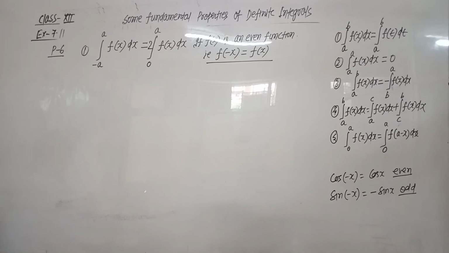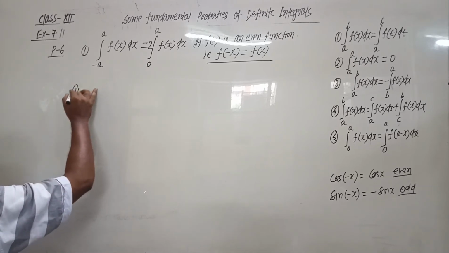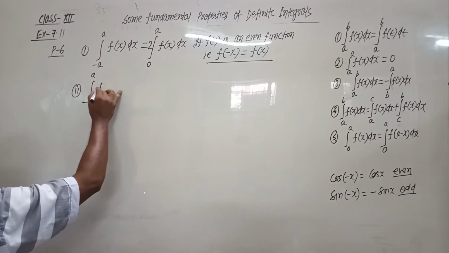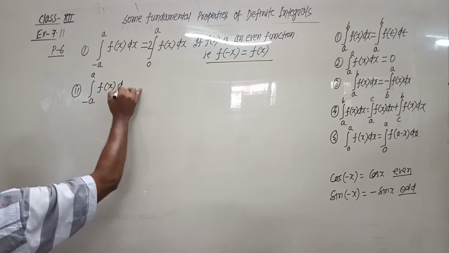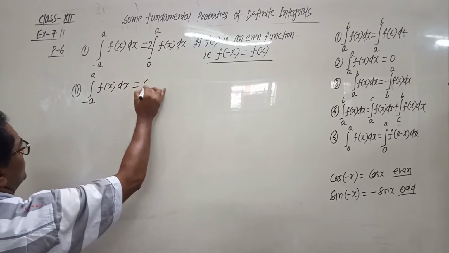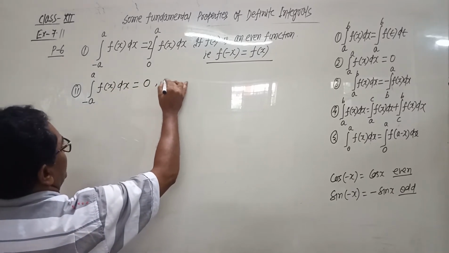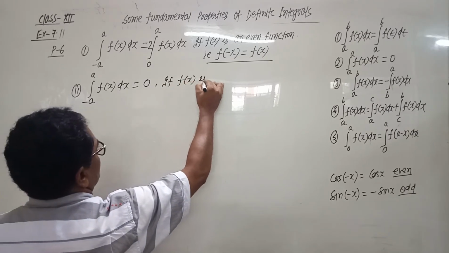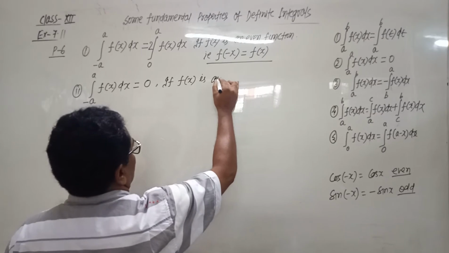And its second part is integration from minus a to a f(x) dx equals 0 if f(x) is an odd function.